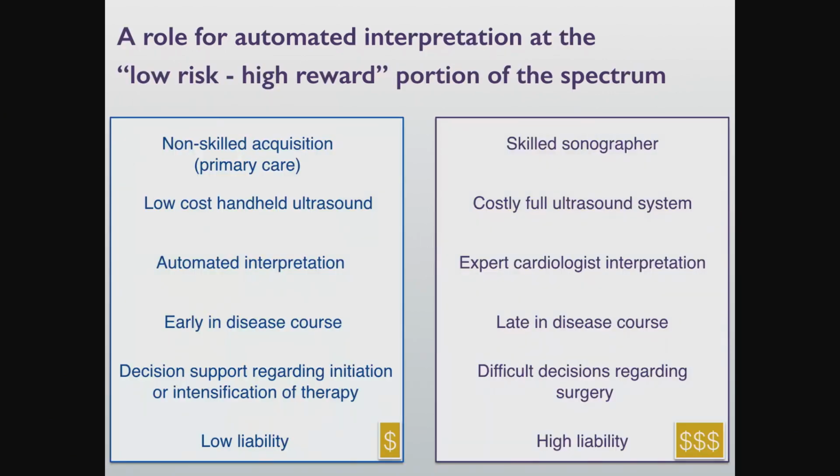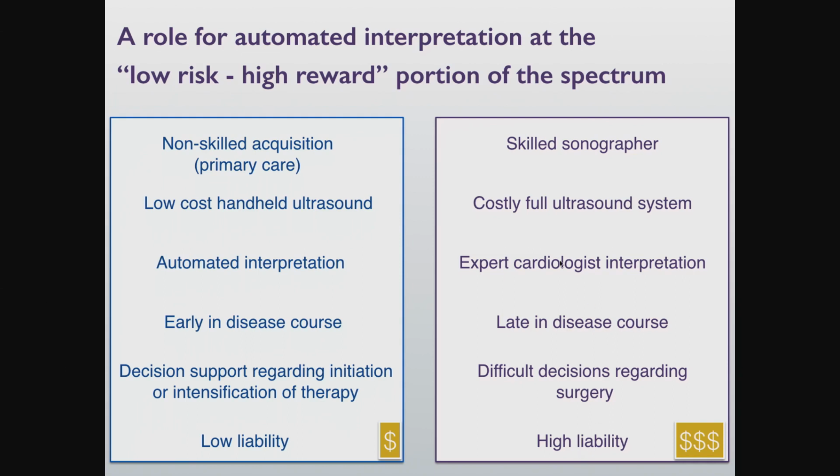So this gets to some of my thoughts around where we could imagine automated interpretation benefiting. If you want to think about where you're less likely to benefit, it's with these very difficult end-stage or complex decisions, where you have a super skilled person even collecting the data in the first place, they've gone through training, they're super experienced, you have a very expensive piece of hardware used to collect the data, you have an expert interpreting it, this is done late in the disease course, you have to make really hard decisions, and you don't want to mess it up.